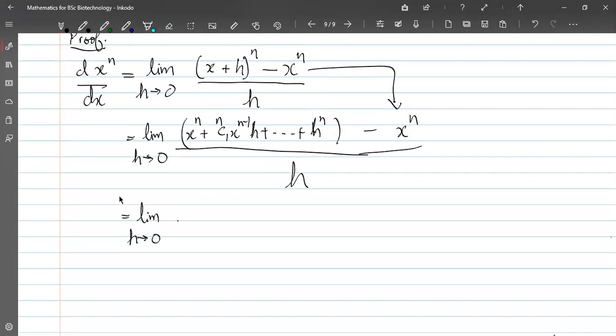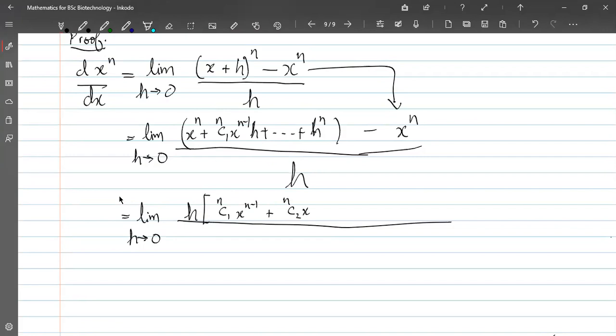First term is cancelled out, and in all the remaining terms, what is common? You have h here, next you will have h square, and so on. You will have h power n here. So all of them have h in common. So then what you have is nC1 x to the n minus 1 plus, now the next term is also important here.